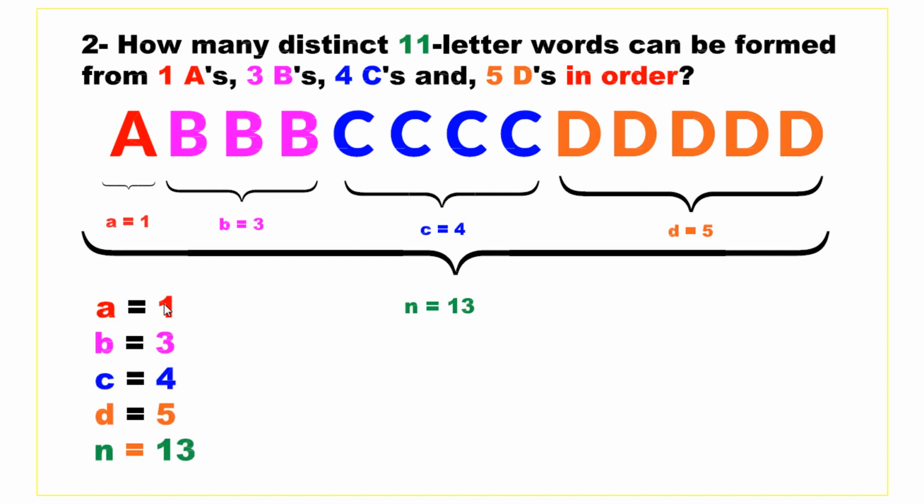So we have a equal to 1, b equal to 3, c equal to 4, d equal to 5, and n equal to 13. And now we have to substitute in the formula.